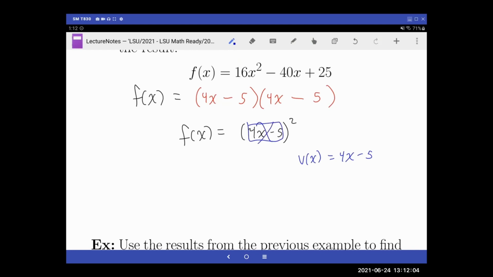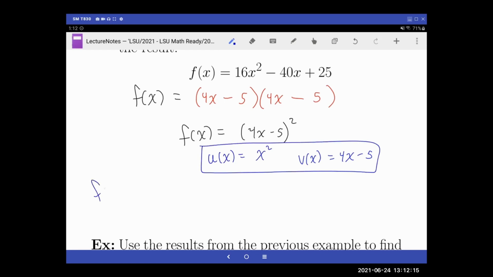That becomes the x. We have x squared. So u of x would be x squared. Again, just to remind you, that means that if I were to compose u of v of x, I would get f of x.